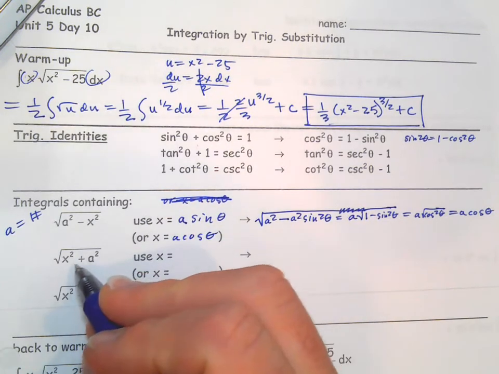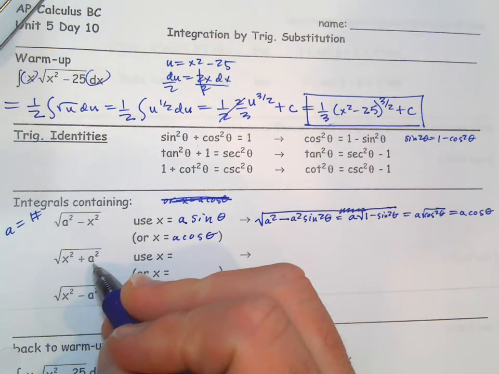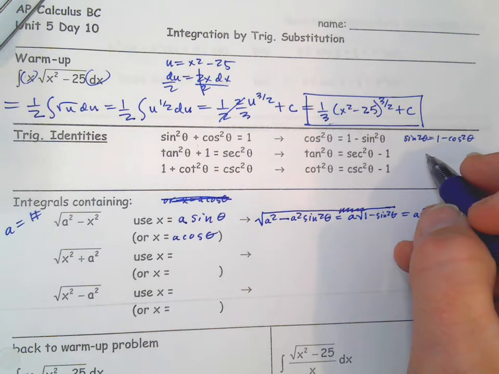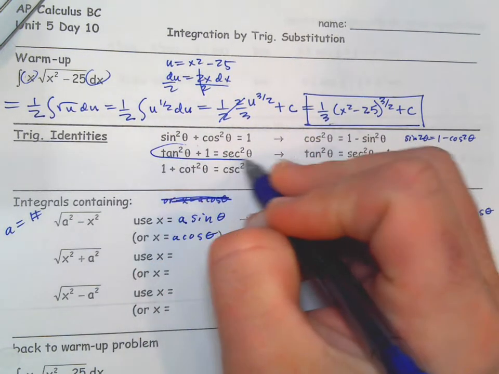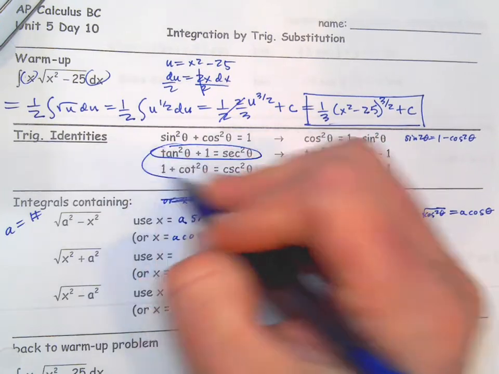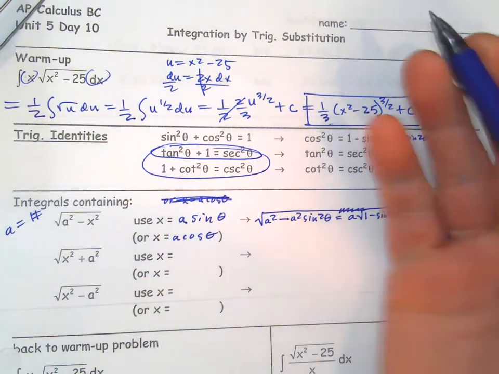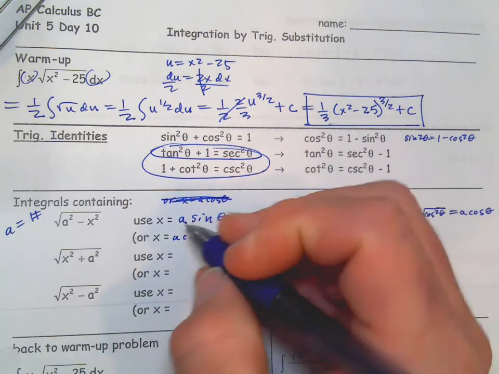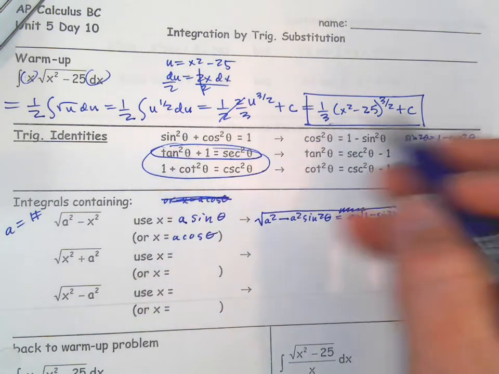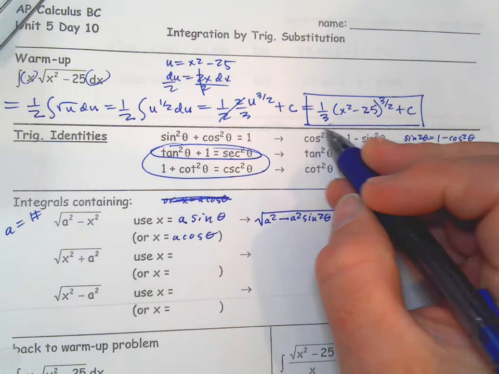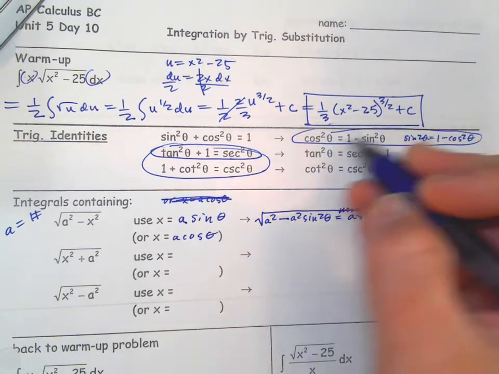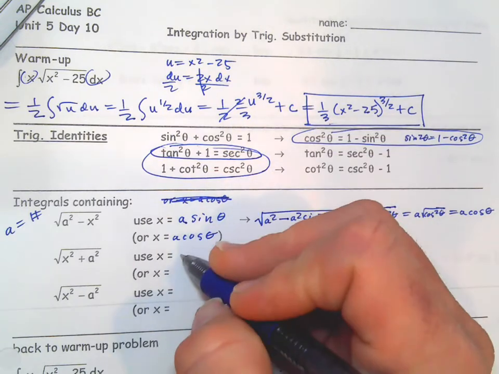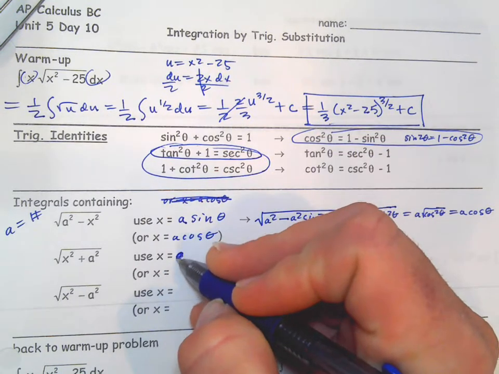Now, if you have plus a number, then the only option is to use probably this one or this one. I'm going to go with tangent because I feel like tangent is less weird than cotangent. So I'm going to try and get this tangent. So I'm going to say x equals a tangent theta.